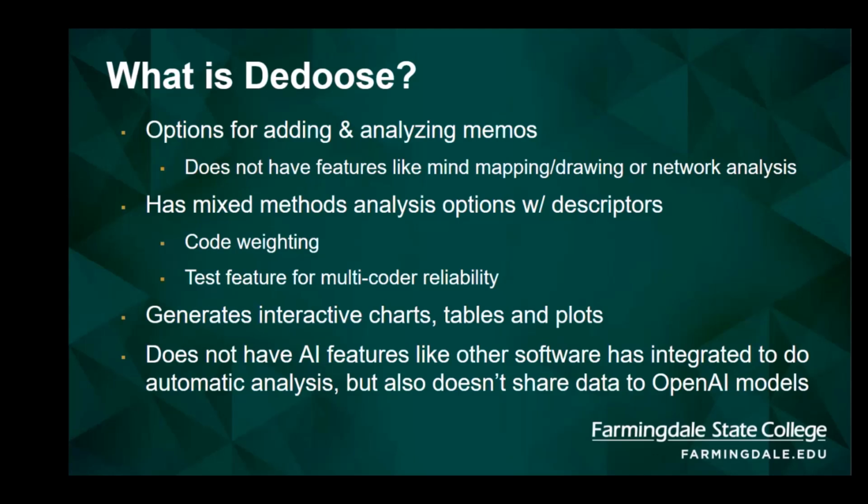But I also appreciated that Dedoose explicitly does not share its data with OpenAI. And that was important to me as a person who researches vulnerable populations. I absolutely do not want my data, even though it's anonymized by the time I put it in Dedoose, I definitely don't want it shared with AI modeling. So that feature was particularly important to me as somebody who studies vulnerable populations and has vulnerable population data in my Dedoose account.